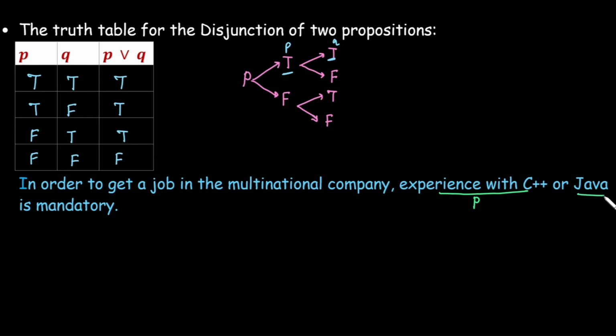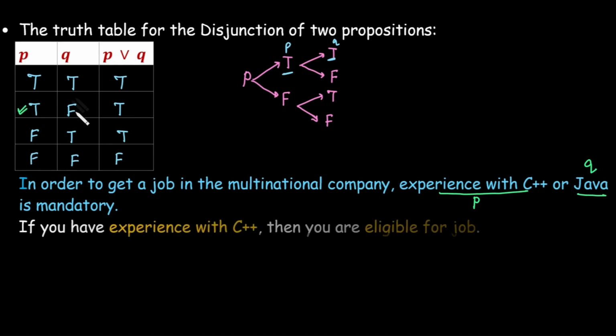And the Q proposition is experience with Java. Now, as per this one, if you have experience with C++, suppose we are taking case 2, but no experience of Java, in that case, you are eligible for the job.